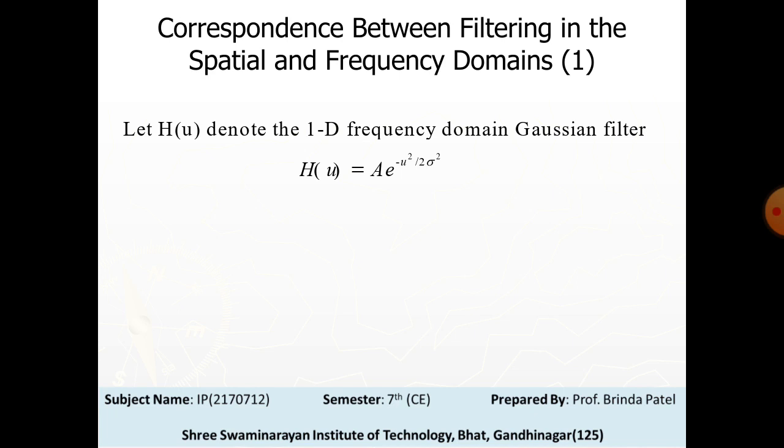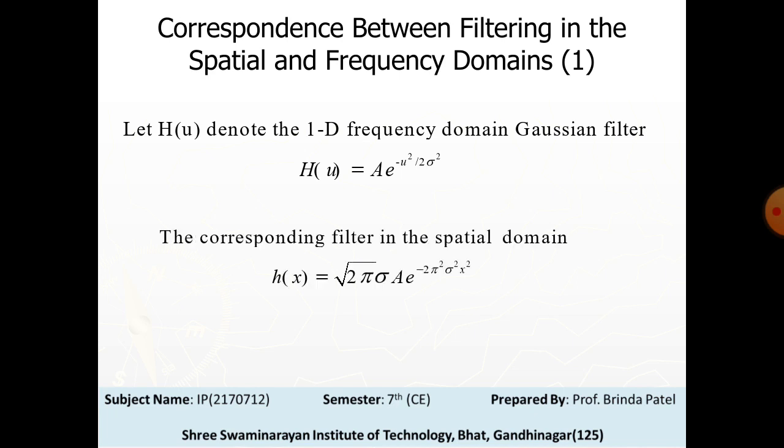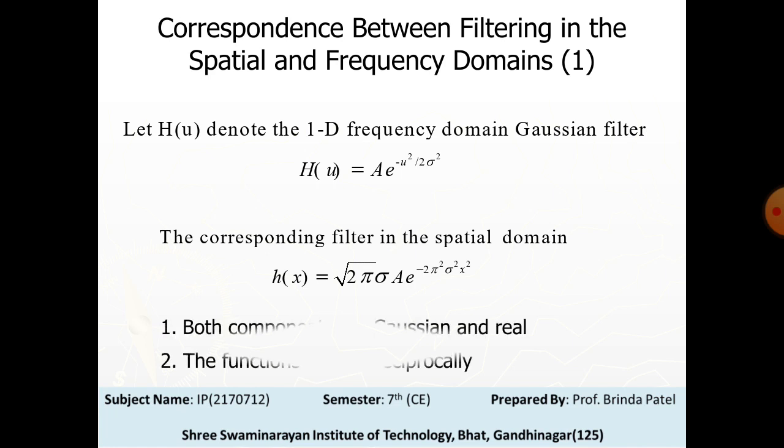The corresponding filter in the spatial domain is obtained by taking the inverse Fourier transform of H(u). So h(x) is equal to the square root of 2 pi times sigma times A e raised to minus 2 pi squared sigma squared x squared. These equations are important for two reasons. First, they are a Fourier transform pair, both components of which are Gaussian and real. This facilitates analysis because we do not have to be concerned with complex numbers.